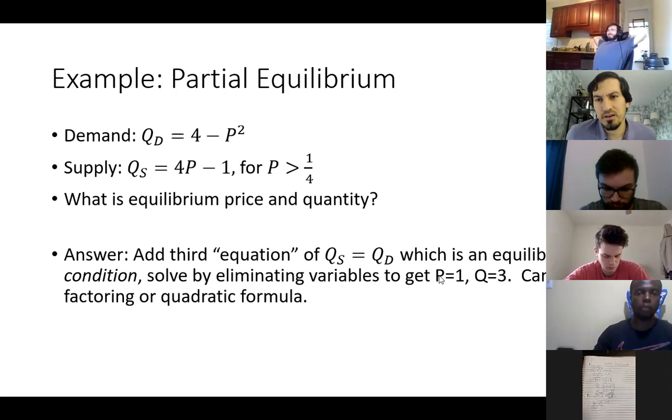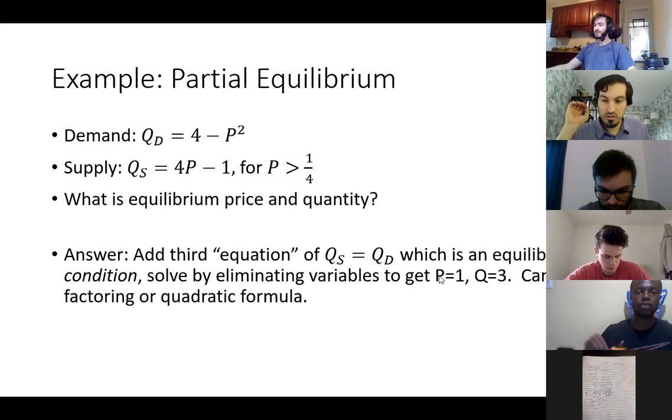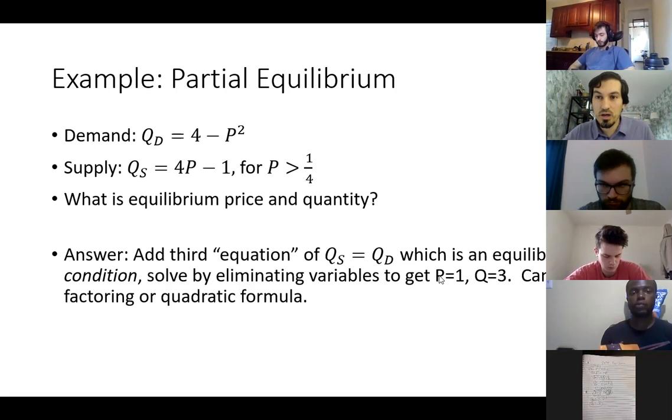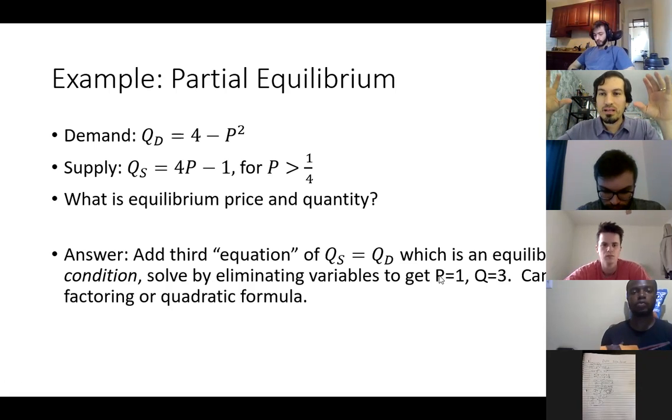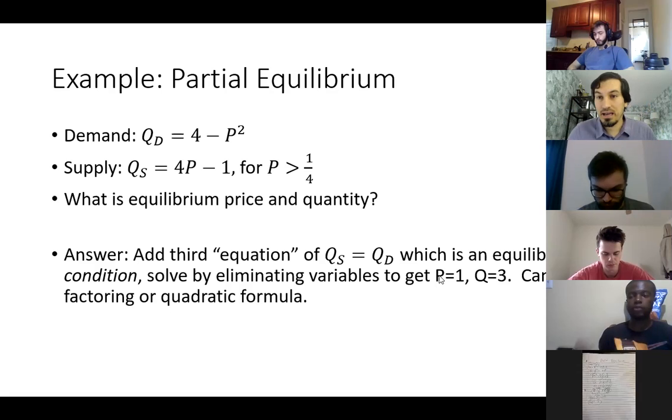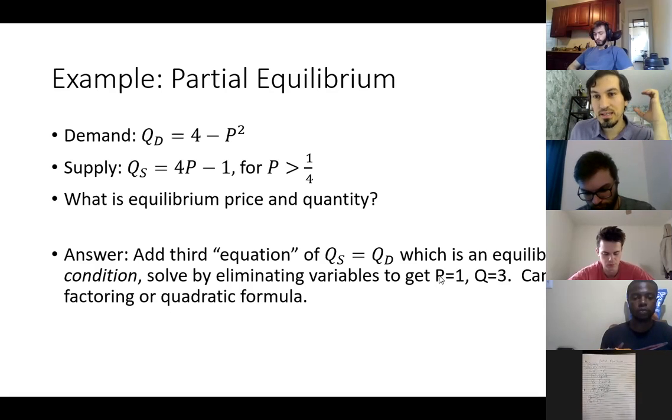And some of you are like, I already know that. That's obvious. But there's a way to think about it: if I have two equations and two unknown variables, I want to eliminate it down so that there's one equation and one unknown variable. Then I can solve it. In general, this works as long as the number of equations is equal to the number of unknown variables.